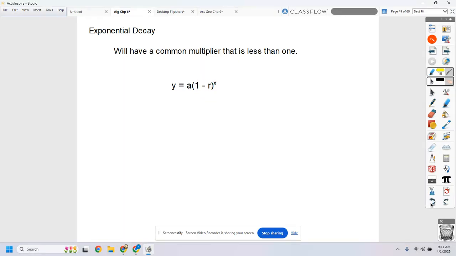So let me talk about 2 examples I want to show you. If I write y equals 100 times 1.13 to the power of t, and y equals 100 times 0.97 to the power of t. You want to be able to look at these 2 equations to decide which one is growth and which one is decay, and why.